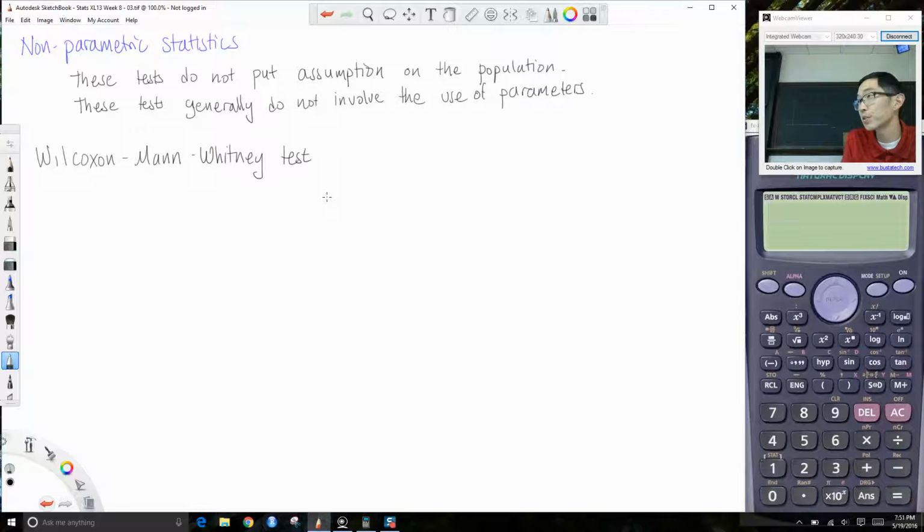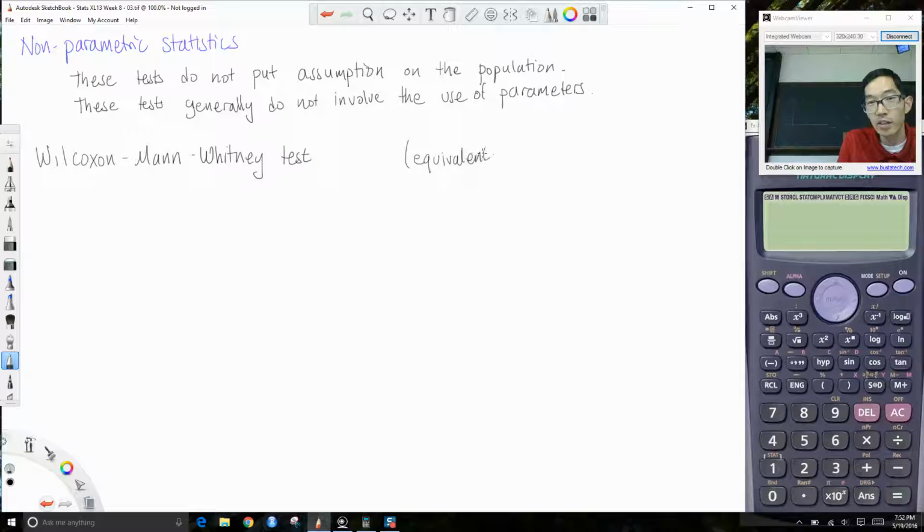Sometimes this is just called the Mann-Whitney test. A lot of other textbooks will teach the Wilcoxon rank sum test, okay, and they are equivalent.